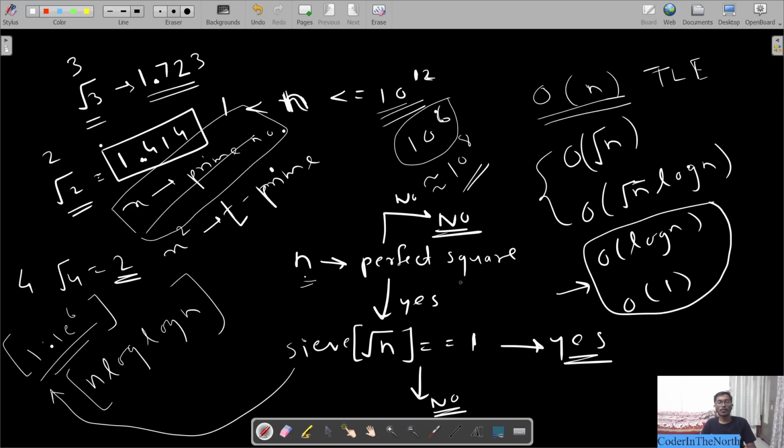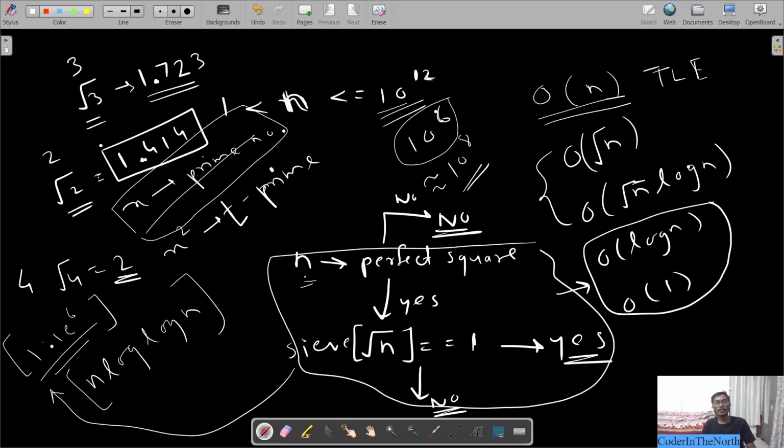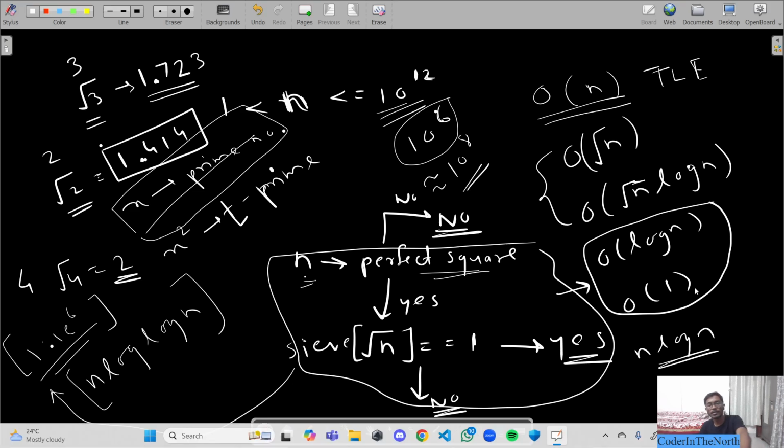So the overall time complexity of doing this process will be n log n, because we are doing square rooting, which also takes log of n time. Okay, so we'll try to code it.